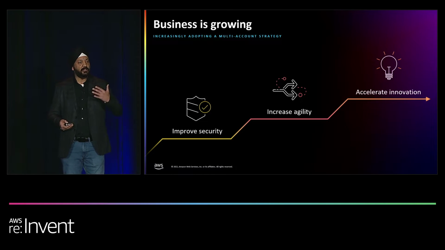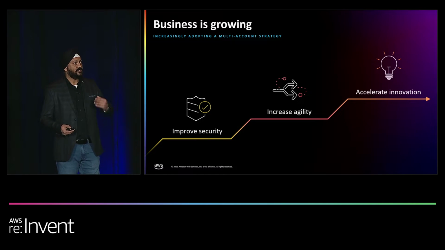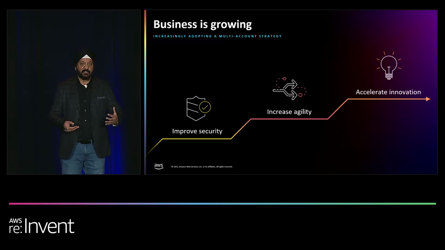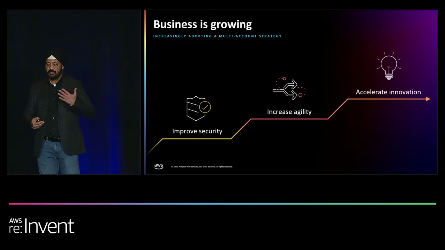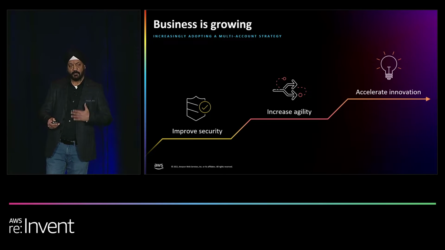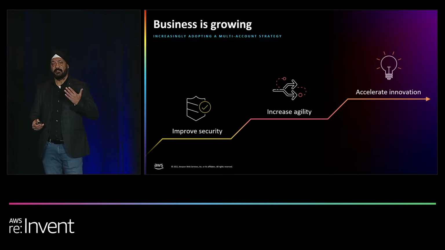So they want to innovate faster. They want to be agile. They want to have that ephemeral infrastructure so that they can quickly deploy services, test them out, build their applications, and if needed, remove them, right? But all of that agility, they want to improve it with security. At the end of the day, security, compliance, and information security posture is the key tenet. They want to make it as frictionless as possible for their end users.